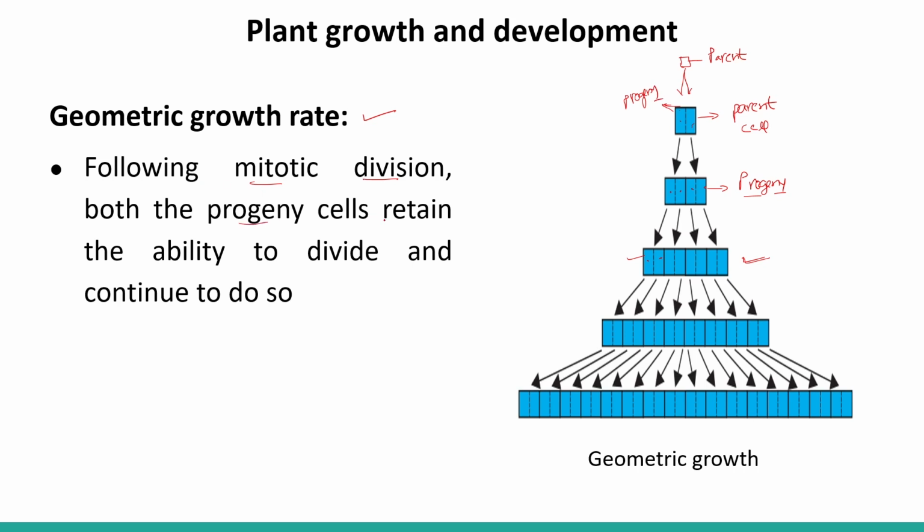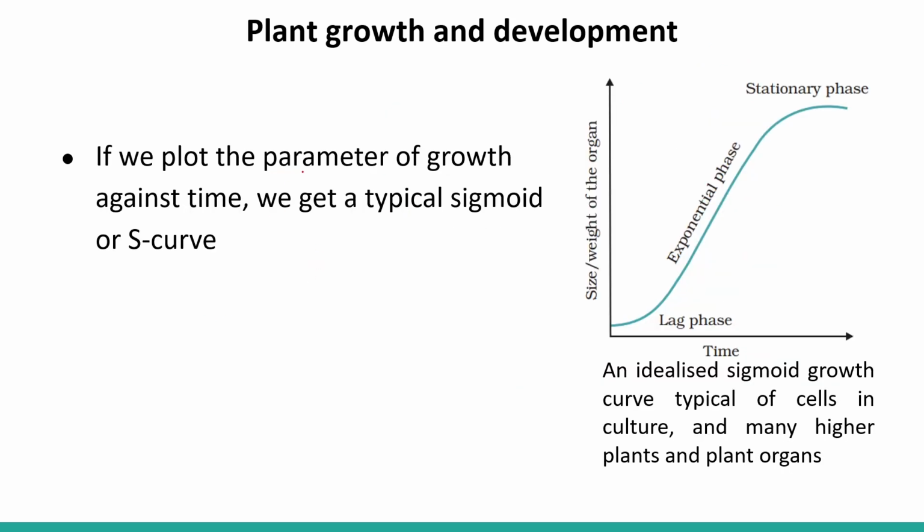The progeny cells retain the ability to divide and continue to do so. They keep on dividing. So now if we plot the parameter of growth against time here, what is observed? A sigmoid or S-shaped curve is observed here. This is known as the sigmoid or S-shaped curve.